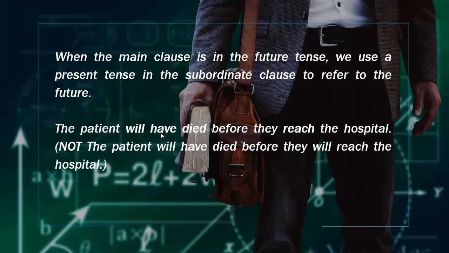Not "the patient will have died before they will reach the hospital". We don't use will here, but we use the present tense. So the combination here is future perfect tense in the first clause and present tense in the second clause, not the future. I hope you understand.